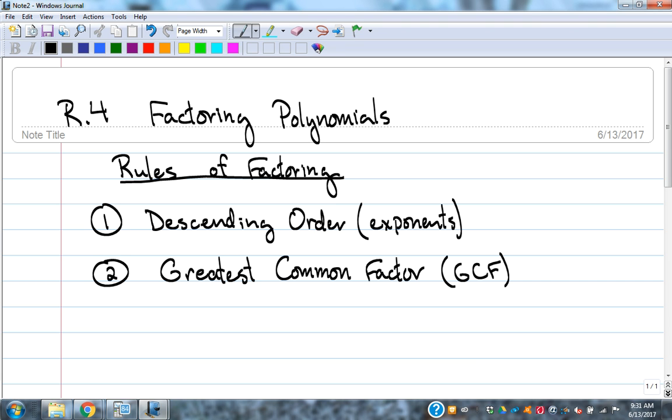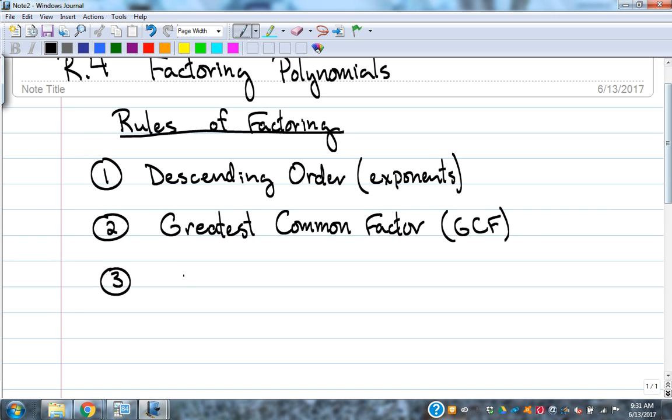Now, once you've looked for the greatest common factor, you factor that out. We'll see how to do that in just a minute. And then the next thing you want to do is look at how many terms there are. So the third thing you do is count terms. And this is going to tell you what method you're going to use to factor a polynomial.